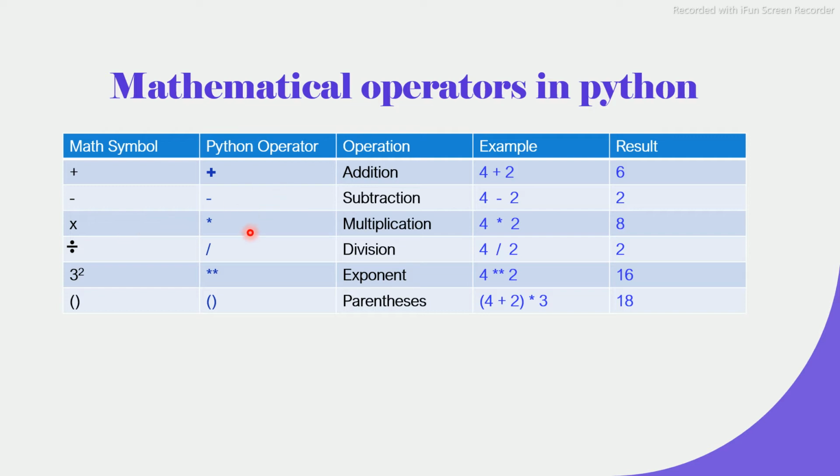It's simple. We just use an asterisk symbol. An asterisk symbol is above the number 8. If you click shift and 8 together, you get an asterisk symbol. So that is multiplication. So 4 multiplied by 2 is 8.